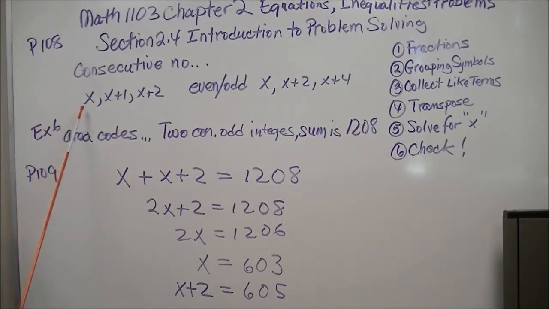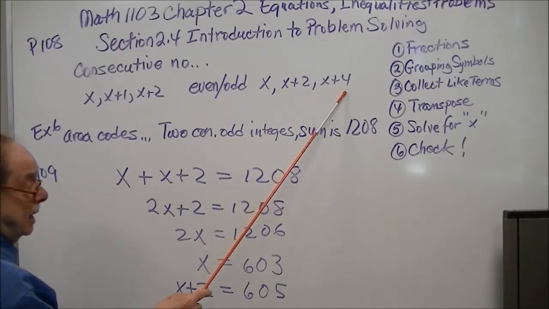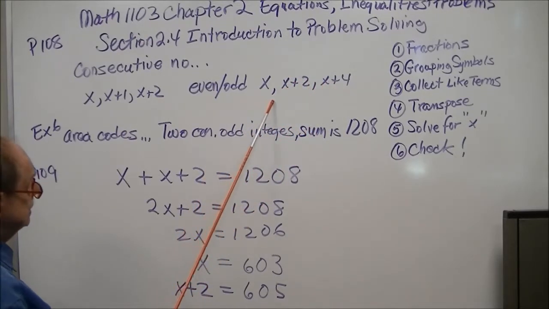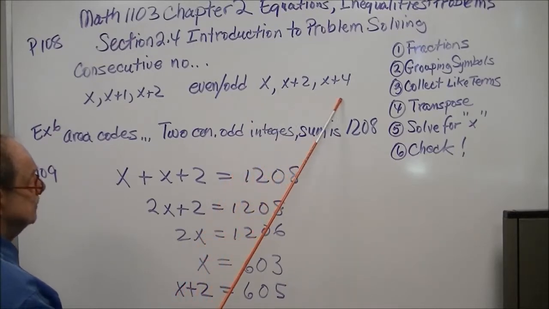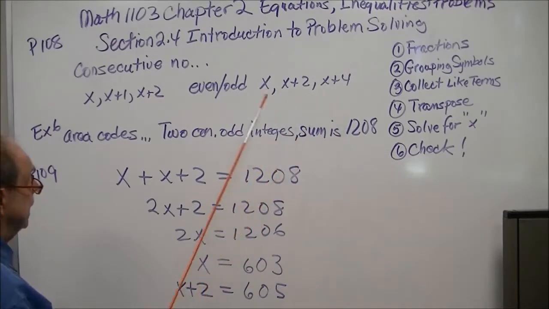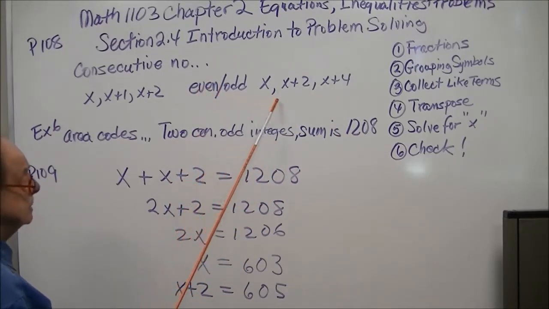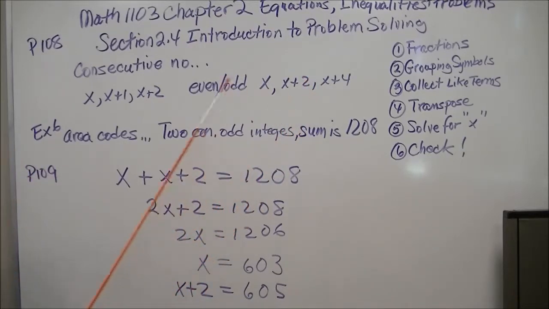And again, this is for any 3 consecutive numbers. Now, if you have an even or odd consecutive number, the first number defines itself by whether that's even or odd. The next one, you add 2, and the next one, you add 4. So these are the first 3 of any even or odd consecutive integers. We had done that in an earlier lesson as well.